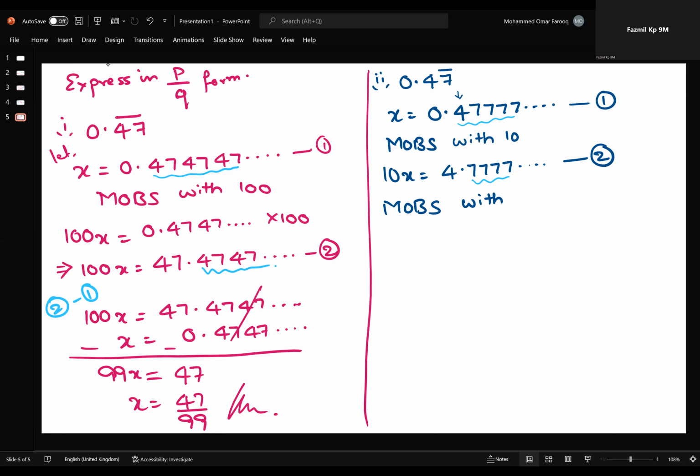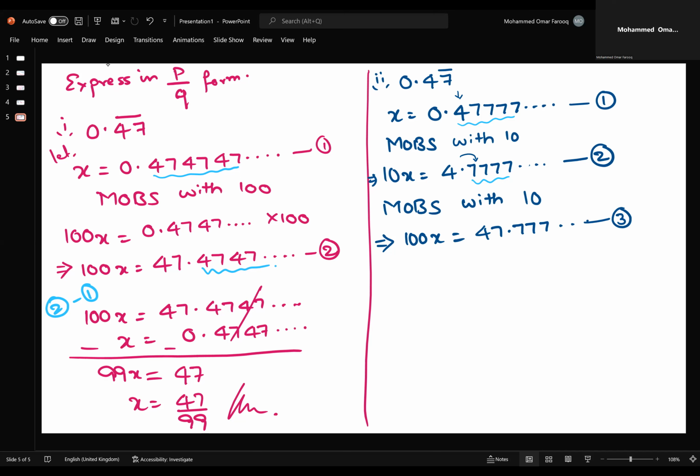So multiply with 10. So 10x into 10 becomes 100x equals, if you move the decimal, 47.777 and so on. Third equation.